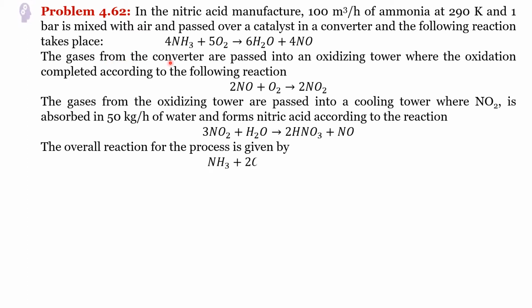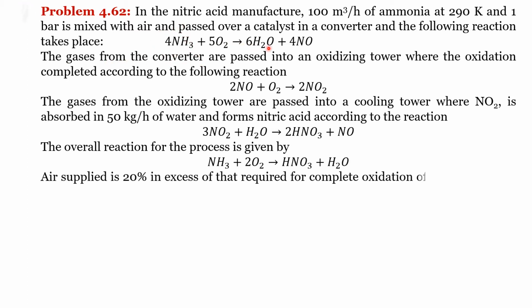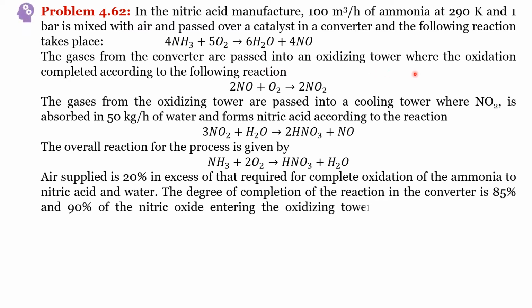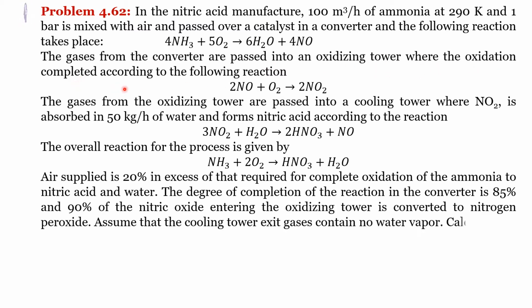Further, the gases from the converter, meaning whatever gas comes out of the converter, are passed into an oxidizing tower where the oxidation is completed according to the following reaction.